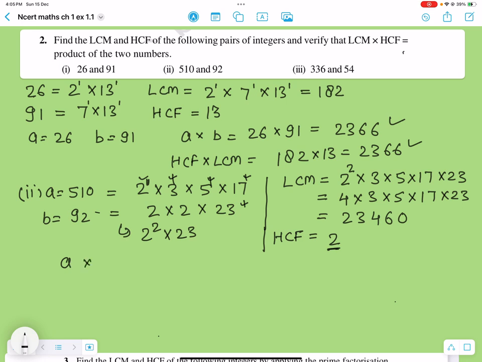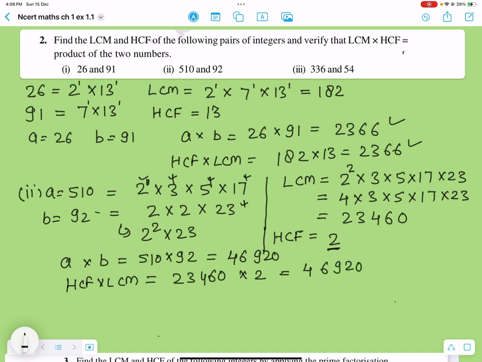So A multiply B would become 510 multiply 92, and the answer would be 46920. Similarly, if we multiply HCF by LCM, 23460 multiply 2, then the answer would be 46920.